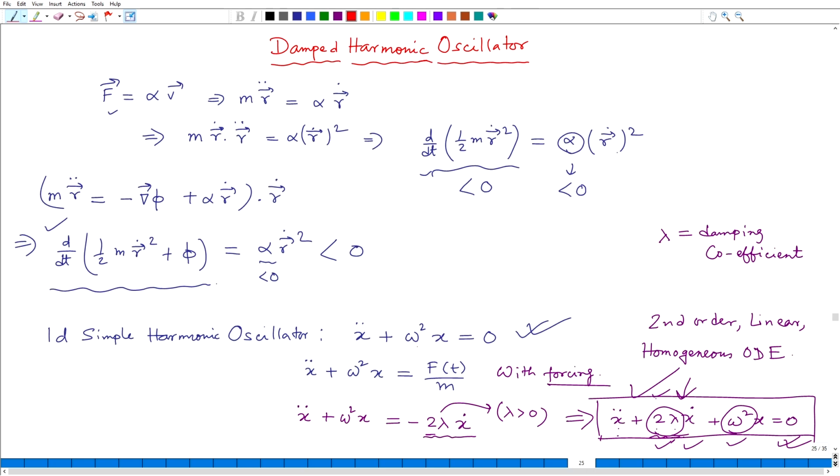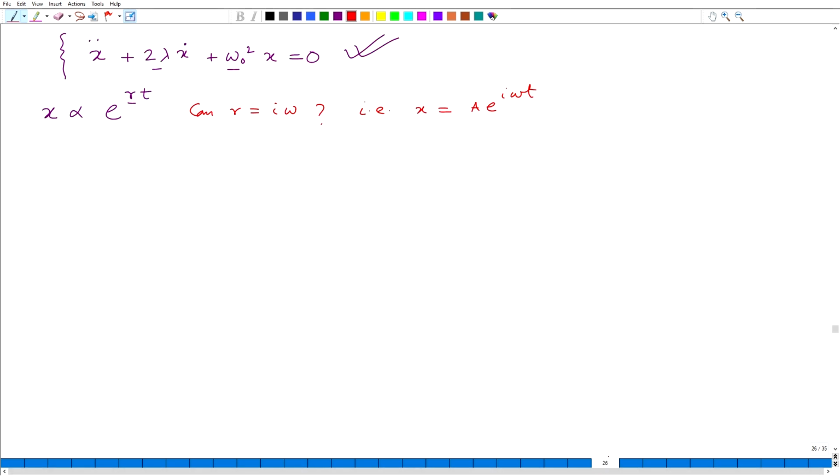Up to this I just wrote omega. Okay. Whenever we are talking about the case of a damped oscillator, it is always good to write this omega square as omega 0 square. Okay. So, I then just call omega 0 the natural frequency.